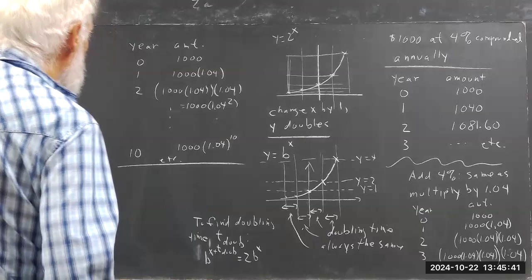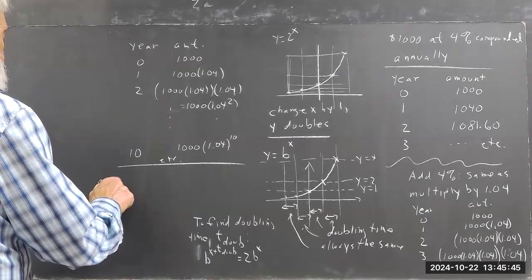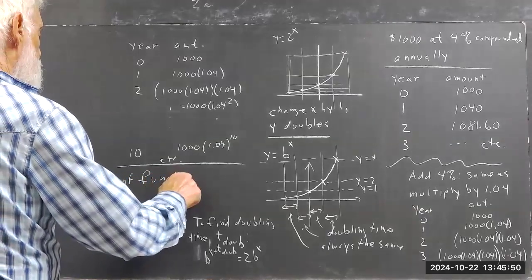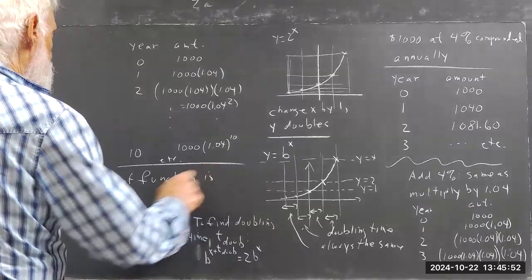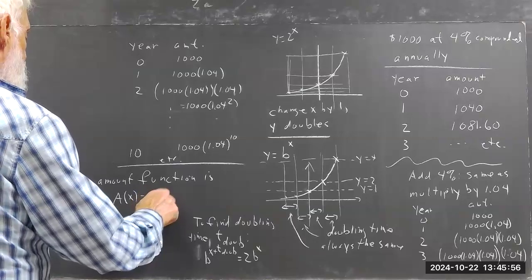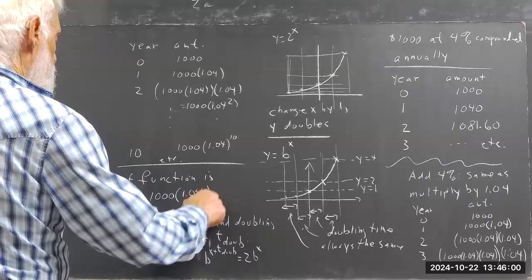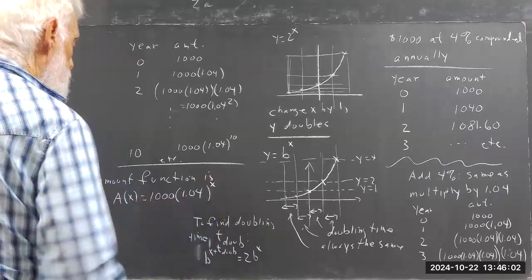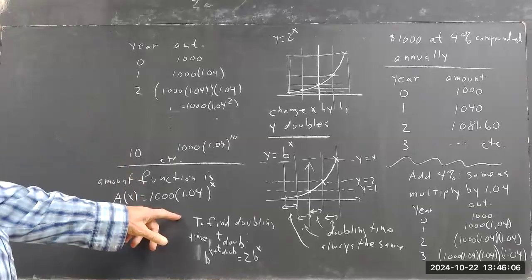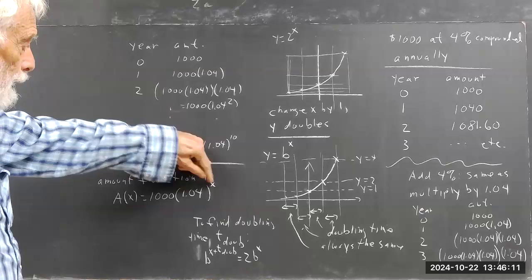So I can say if the year is X instead of 10, well, we did have 1.04 X times, right?